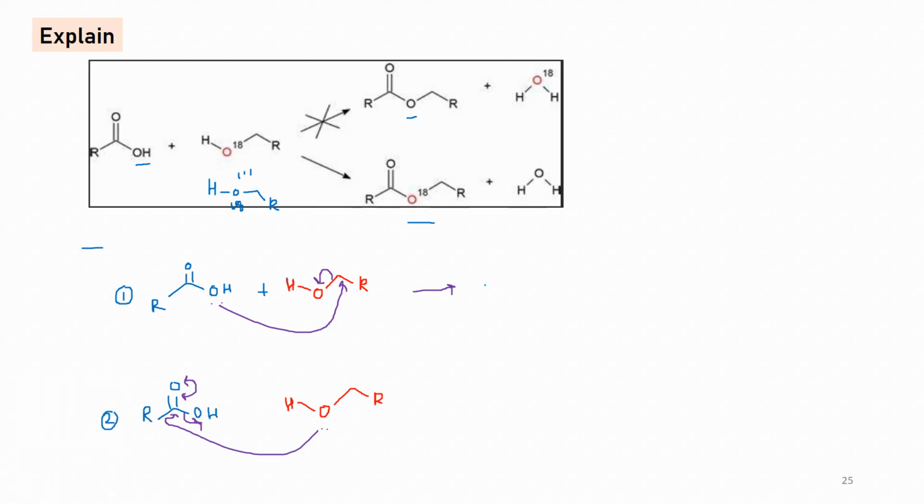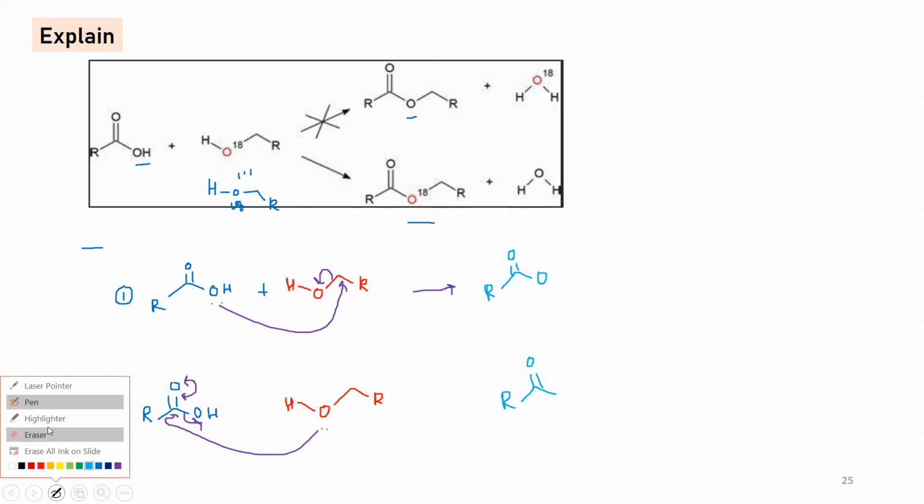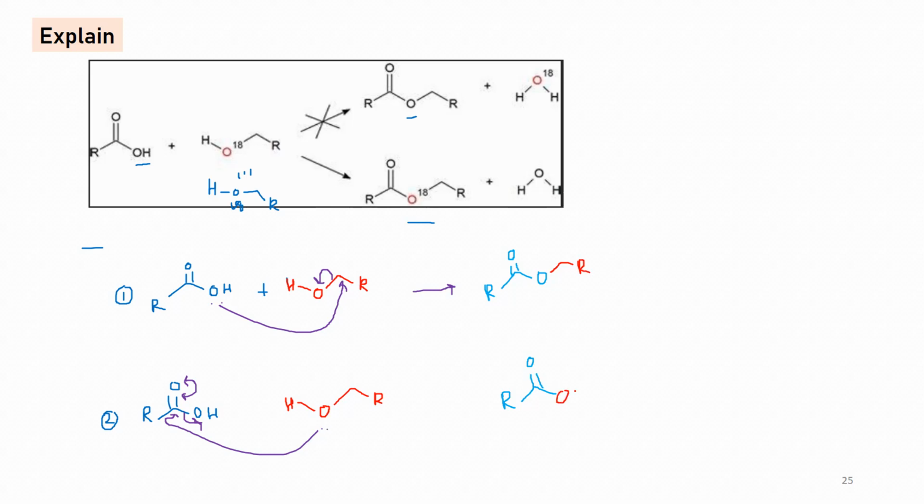So if we try to draw the mechanism or the product, in which mechanism can we see the red oxygen in the product?